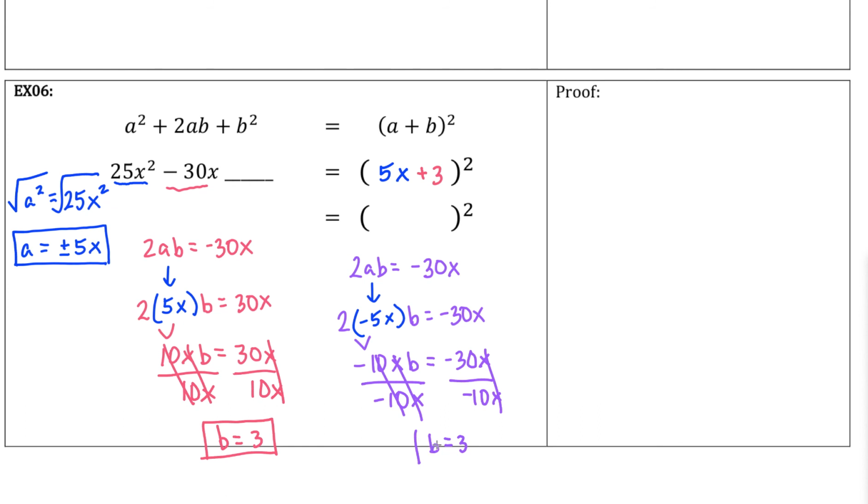Oh, wait. Let's just make sure for one moment. Something's weird. I feel like I messed up here somewhere. I forgot this negative over here. That's what I forgot. So over here, I will do this.